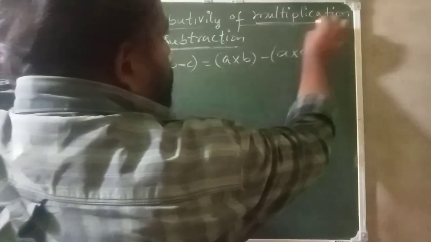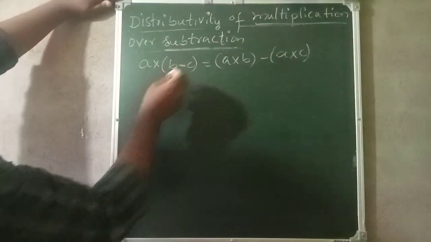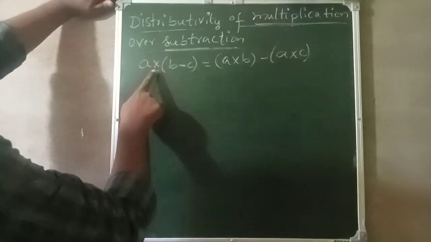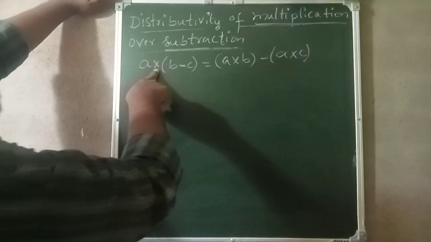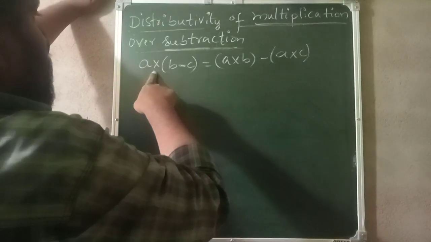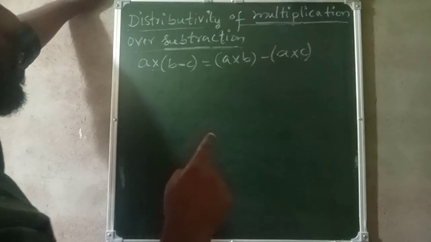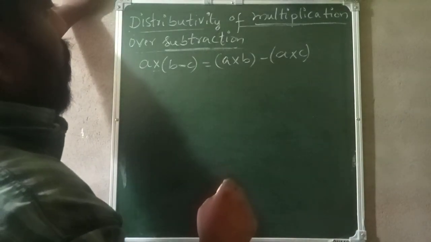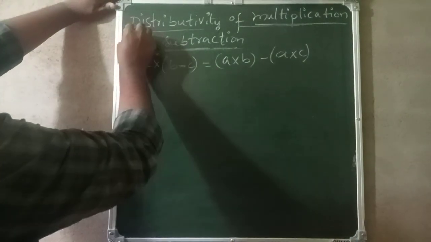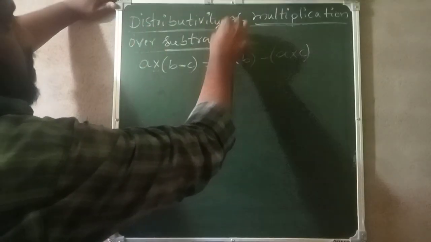Next, we'll see this word multiplication. Multiplication means into. So this is the symbol for multiplication, into. Next, distributivity.